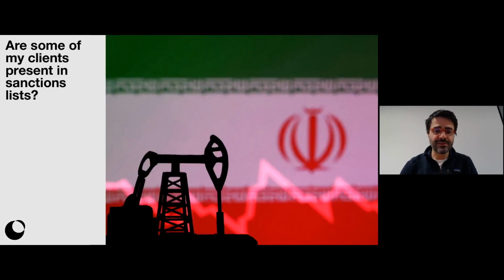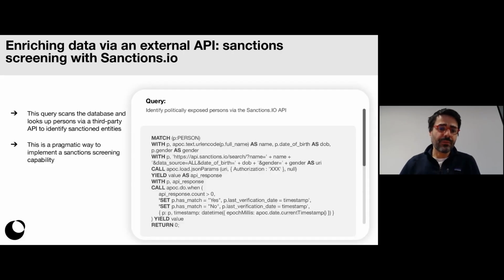Okay, so that's one first use case. Now let's talk about a second use case. This time we want to figure out if some of our clients are actually present in sanctions lists. So here we are once again using the pre-processing feature, and we are combining that with an external API, the sanctions.io API, to do some sanctions cleaning.